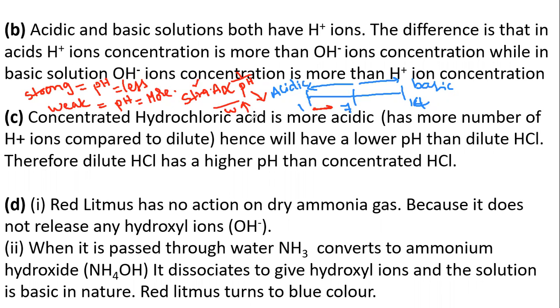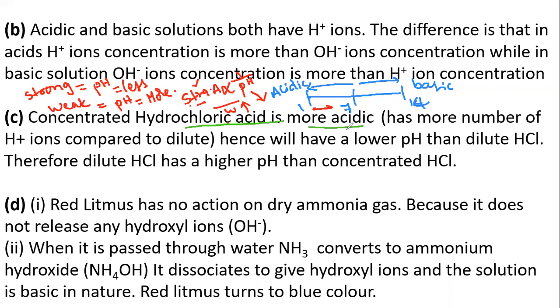Understood? Now see concentrated hydrochloric acid. Concentrated, in the sense, has the capacity to produce more H plus ions. It is very strong, and at concentrated level it has the capacity to produce more H plus ions. So it is more acidic.